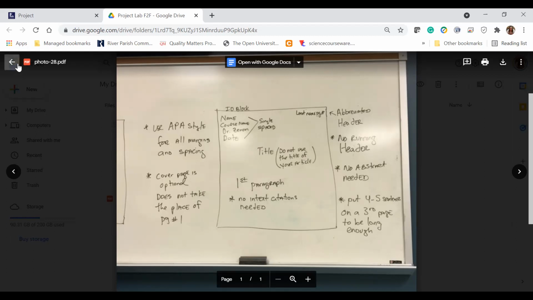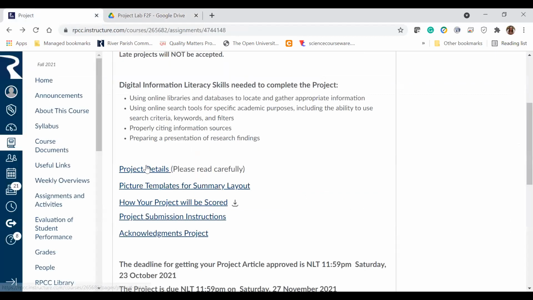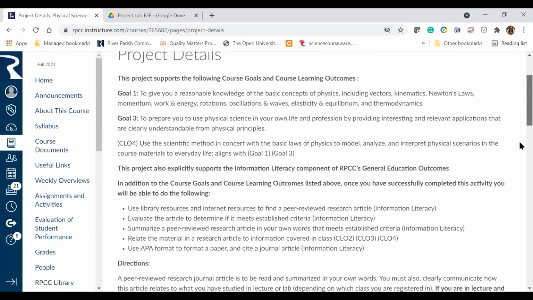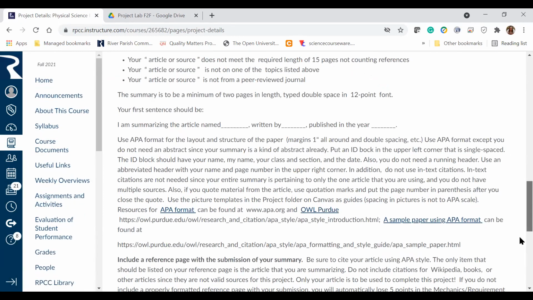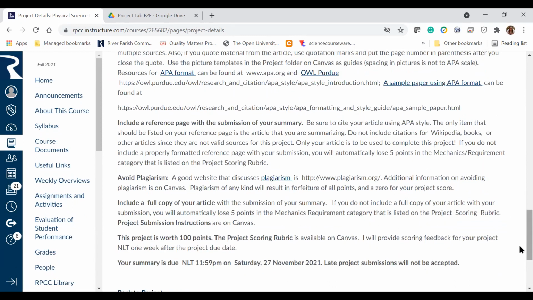Okay, so that gives you some basics to work with in the event you're ready to start your writing. In the coming weeks, we're going to be revisiting the project details, and I'll be covering information on the reference page that you have to include. We'll take a look at some of the sample papers, and I'll be pointing out some things for you there as well.